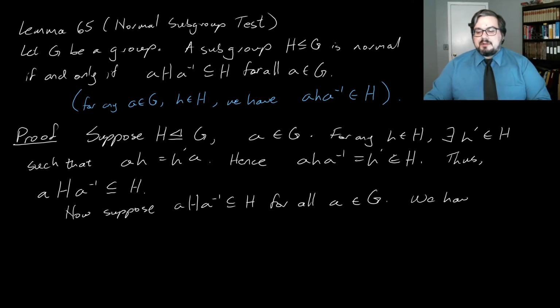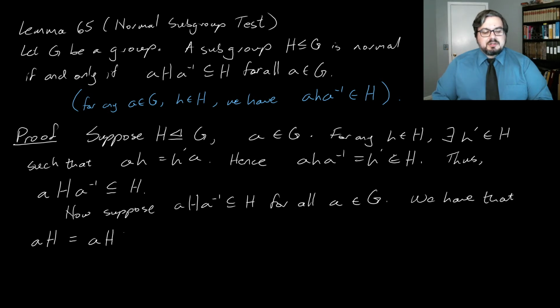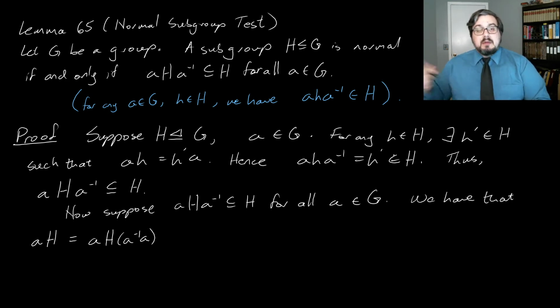Now we have the following chain of subsets. We have that aH is equal to aH times a⁻¹a. And we know that because a⁻¹a is just the identity. And if we take a set and multiply it on the right by the identity, then that doesn't change the set at all.